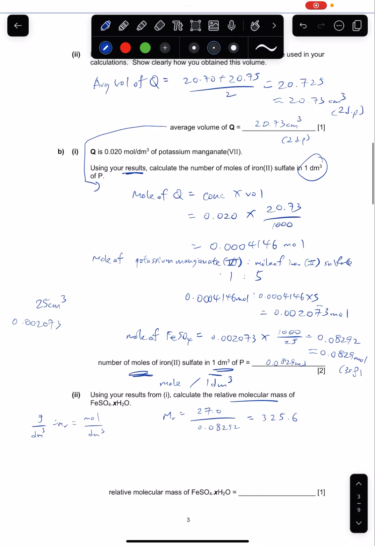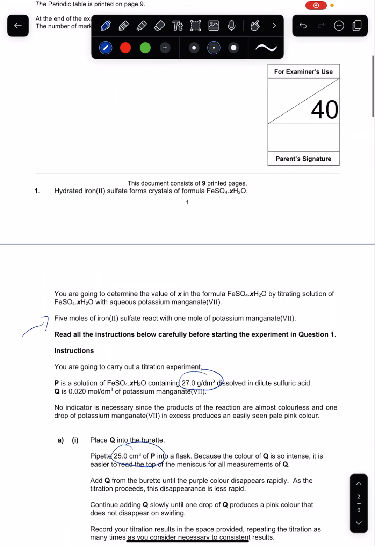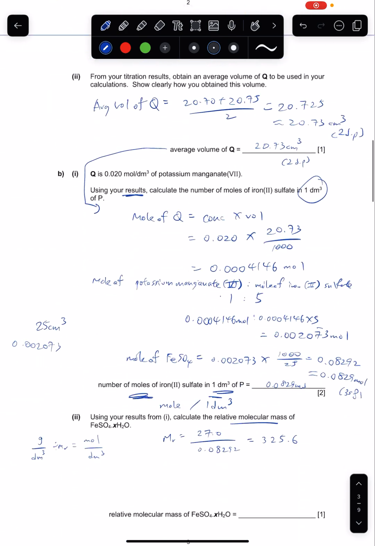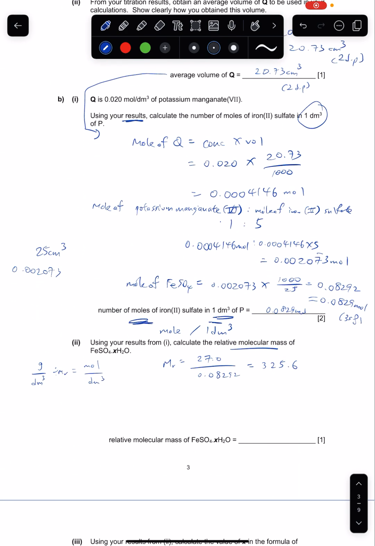Then Q is potassium manganate. 1 potassium manganate is to 5, so you times 5, you have 0.202773. After that, you divide by 25 times 1000. Yeah, that's correct. Then 27 divided by this, you get 325.6. Approximately 326 to 3SF.